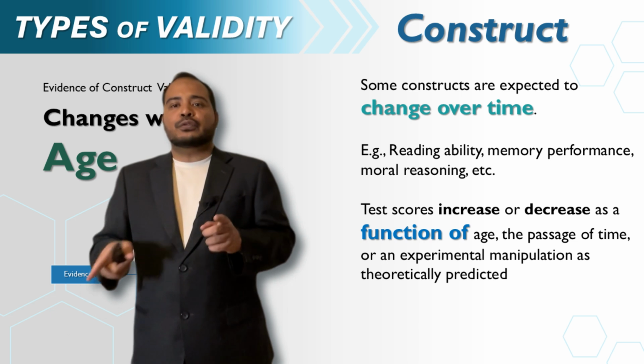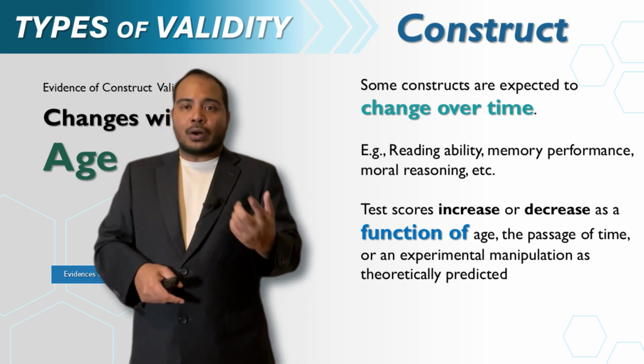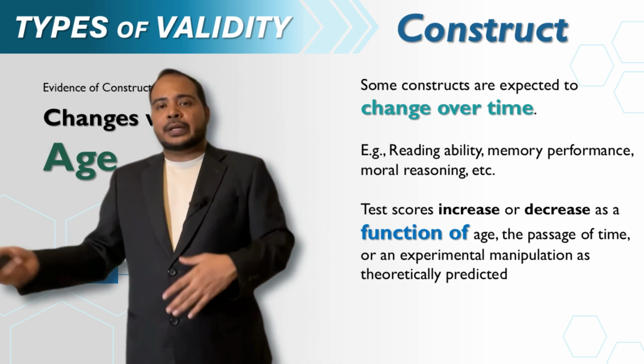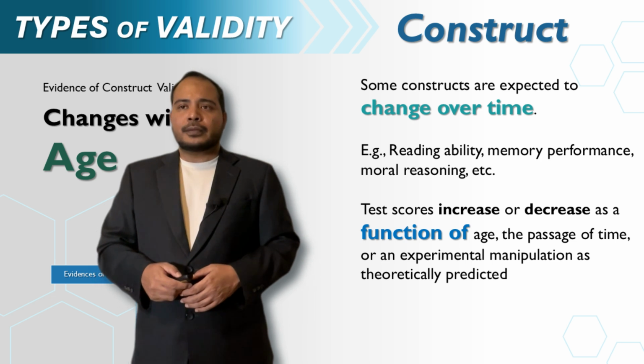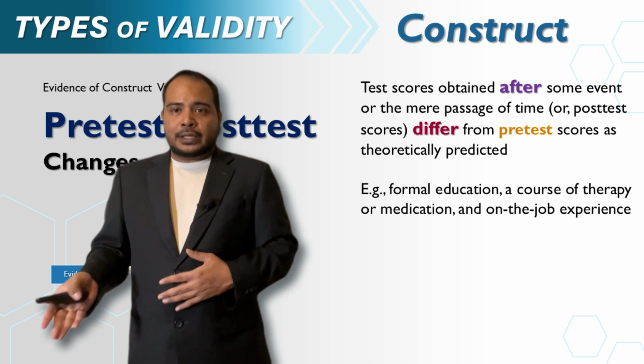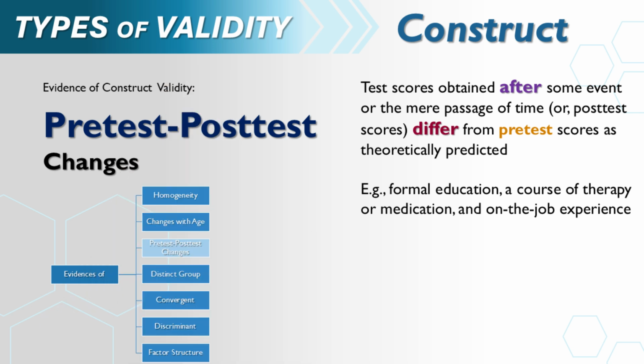The theory informs us that there will be a different score when someone is younger as compared to when he is older. Another information that is related to theory, which theory already predicted in that way, is the pre-test and post-test changes.